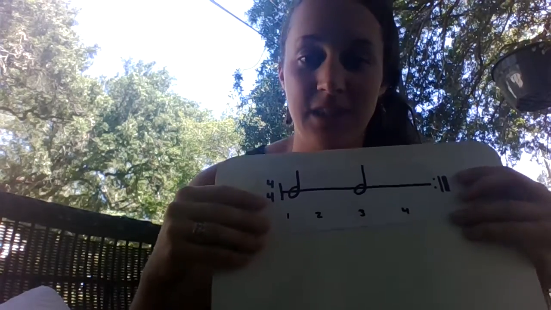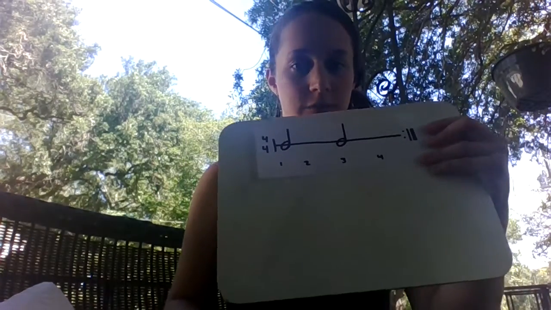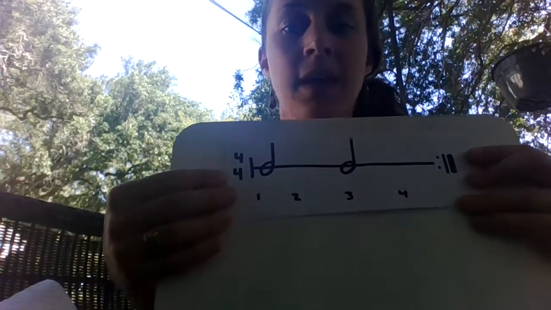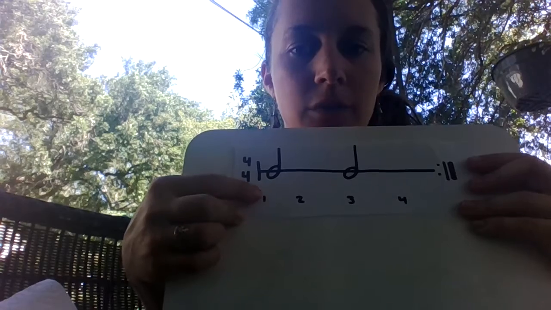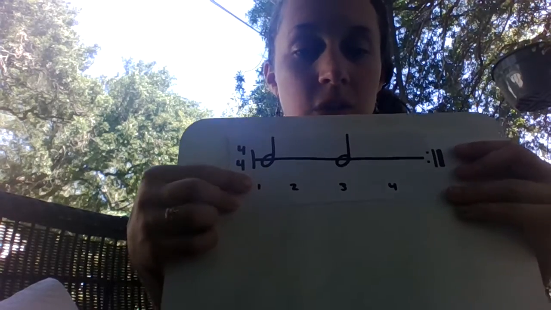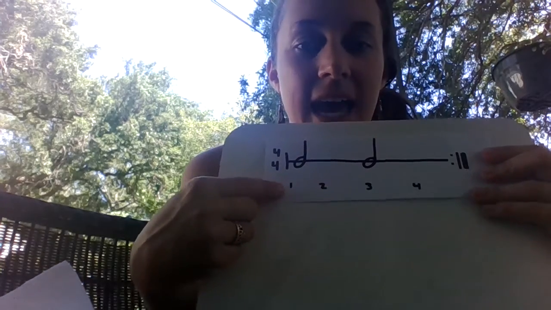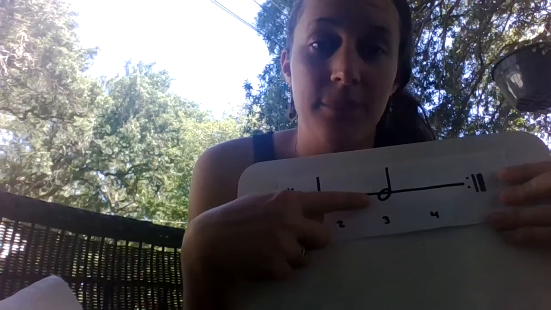So if I clapped this one, it would go 1, 2, 3, 4, 1, 2, 3, 4. I clapped wherever the note was right above the number. So I clapped on 1 and on 3 because these half notes line up on beat 1 and beat 3.